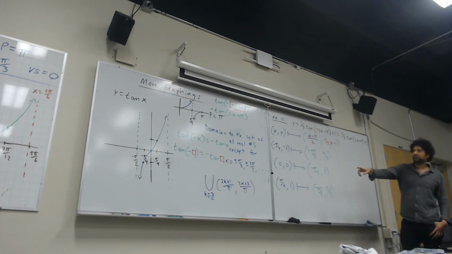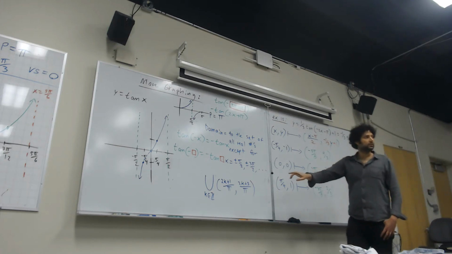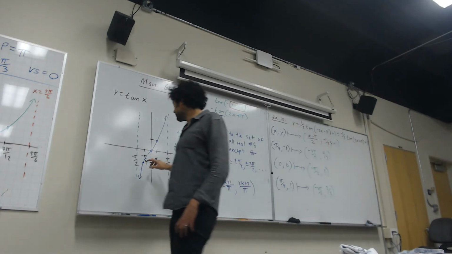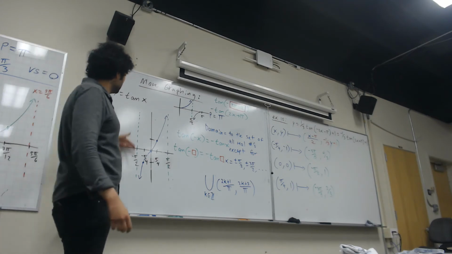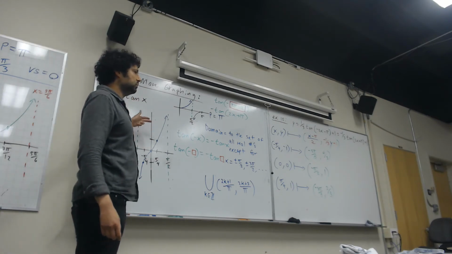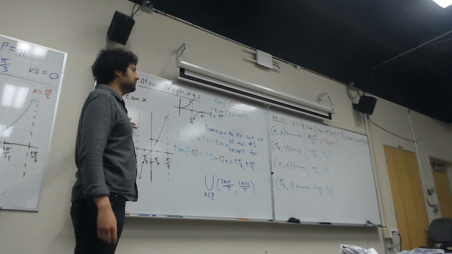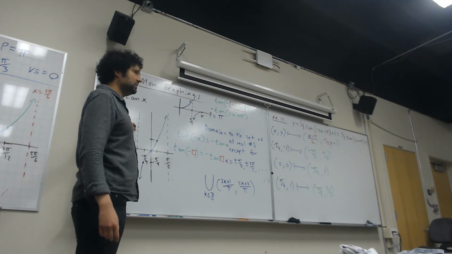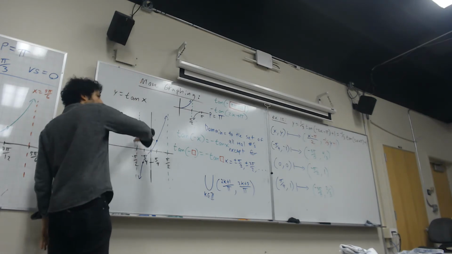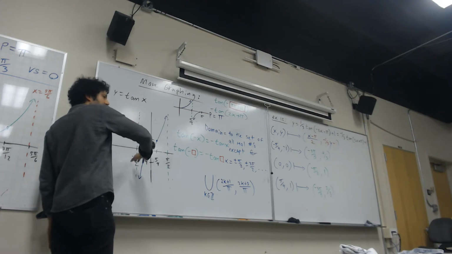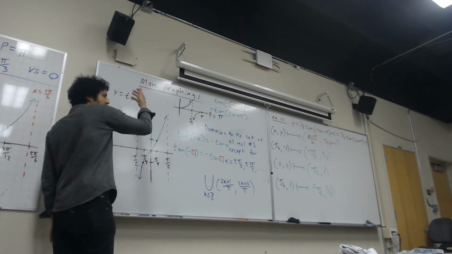Okay, so think about where the asymptotes go now. It's a vertical line, right? There's only one type of transformation that's going to change it. Do you know what that is? If you shift it up, it's the same line.